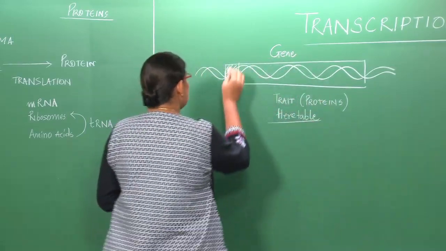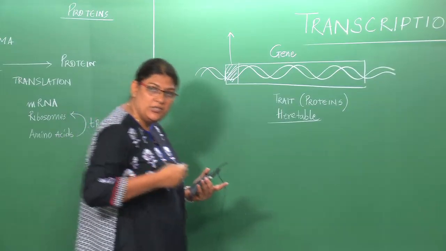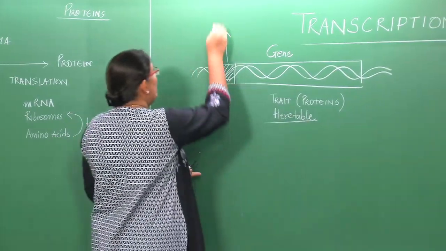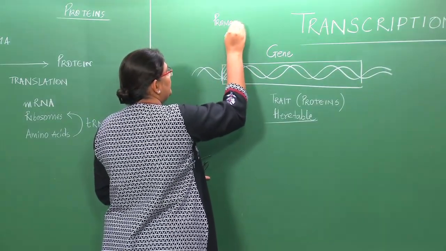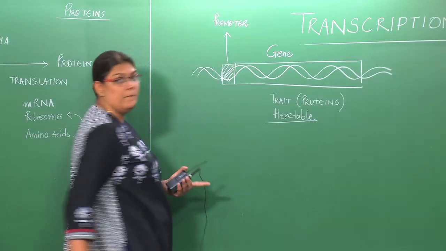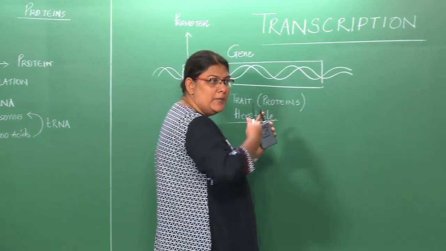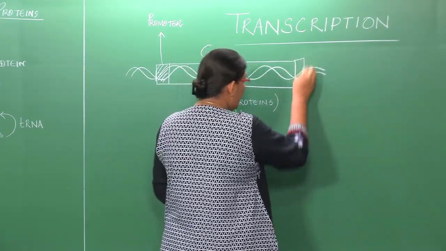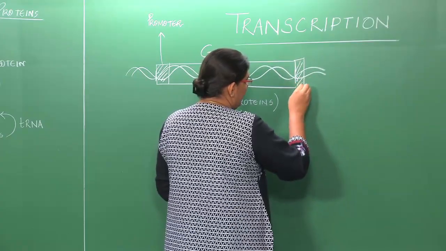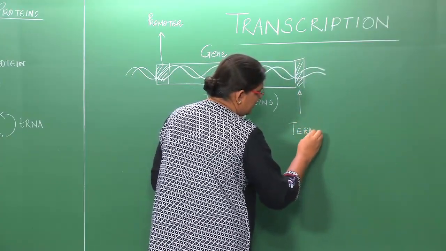That portion, which gives an instruction that the gene can be copied from here on, is called a promoter. Similarly, the code message for a particular recipe will end at a certain point, and that end point is called a terminator.